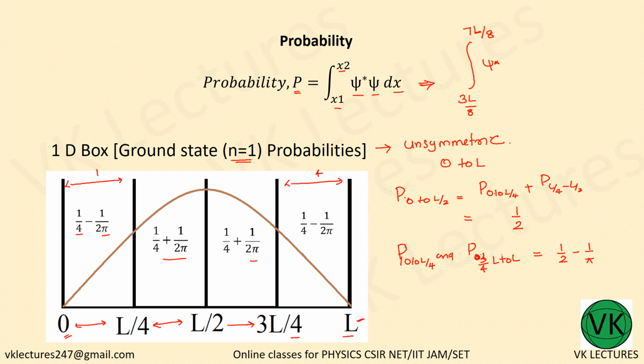Psi star psi dx, so you have to integrate and substitute the limits, which will give you the probability from 3L by 8 to 7L by 8. So this is how you can get probabilities.